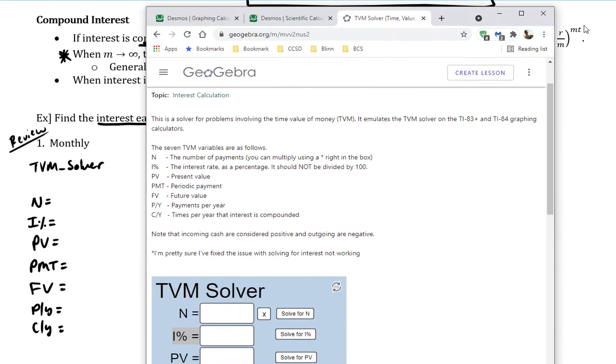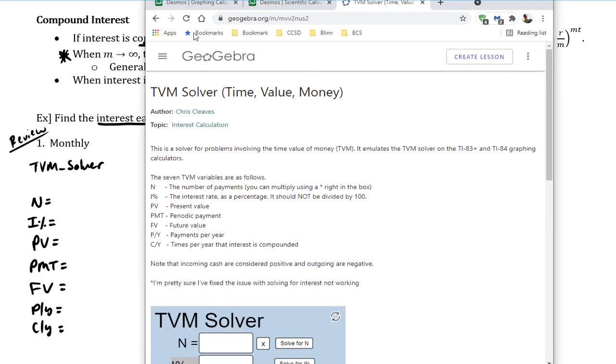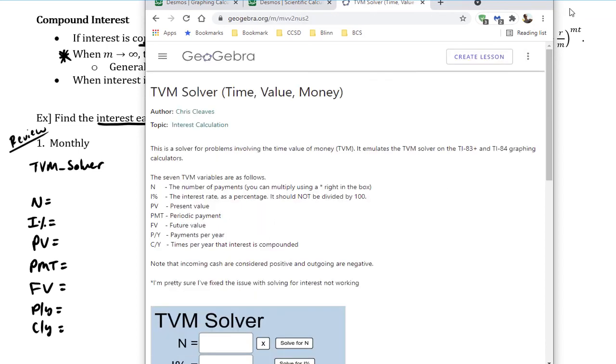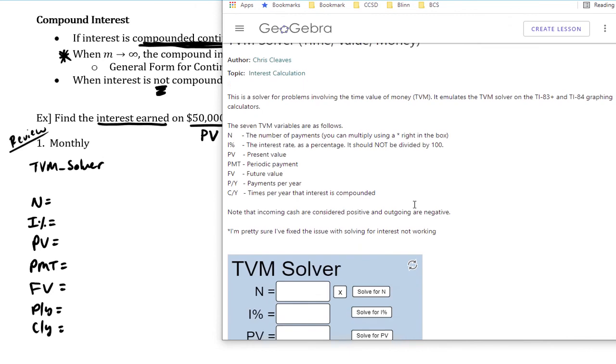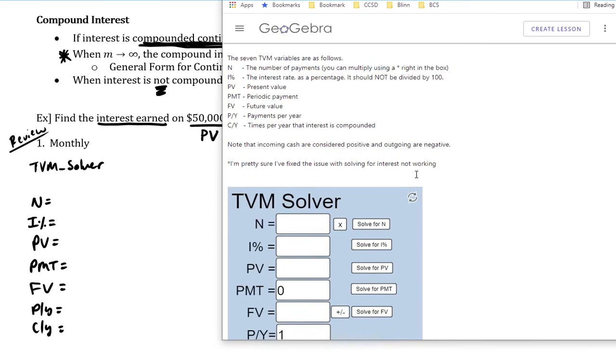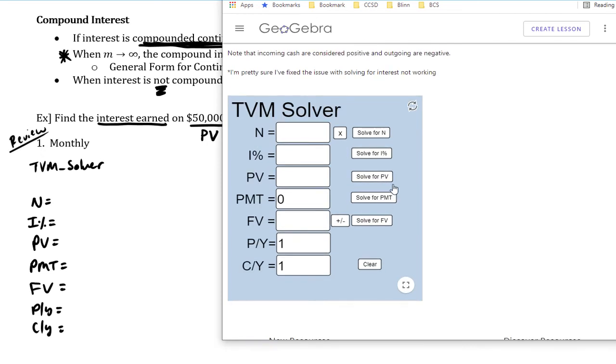Let me show it on mine. Here's the TVM Solver. I just typed in TVM Solver, and then I clicked on that one. Let's go ahead and click on it too. And then it opens up this, and this is how it looks like also in an 84.